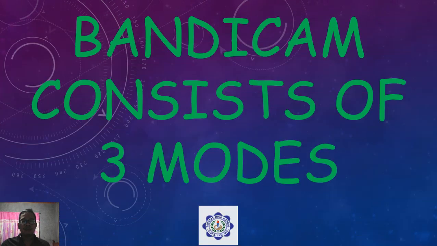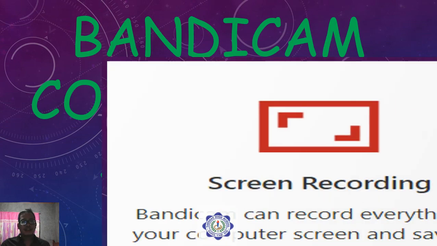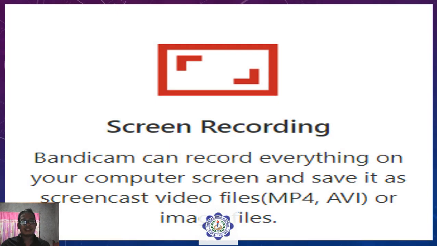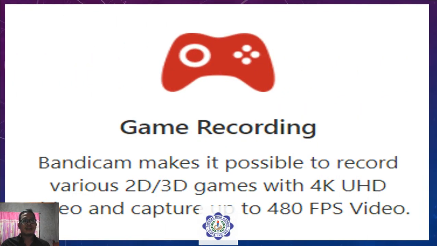Bandicam also consists of three modes. The first one is the screen recording. Bandicam can record everything on your computer screen and save as screencast video files such as MP4, AVI, or image files. The second one, you can also use the Bandicam application in game recording.